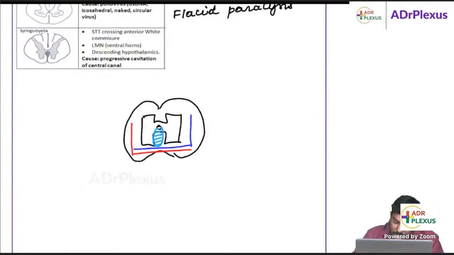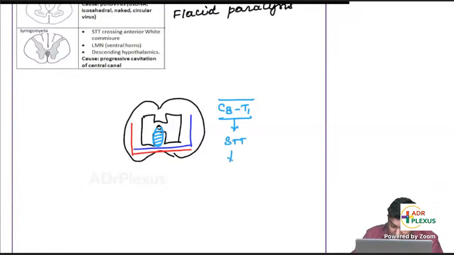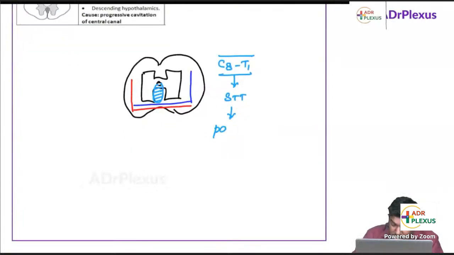The patient is going to have more commonly involvement of the C8-T1 region. Whenever that region is involved, it is going to involve the spinothalamic tract. Because of this, what is going to happen? The patient is going to have painless burns.